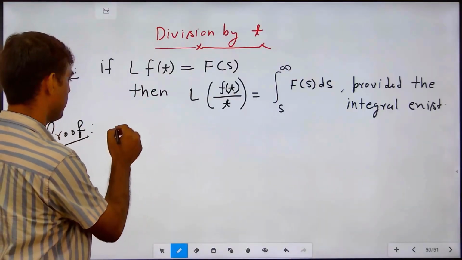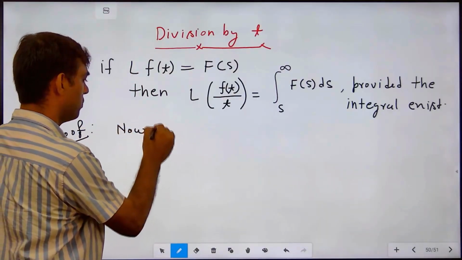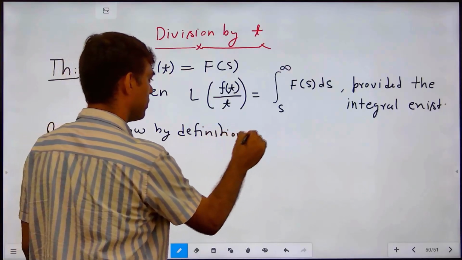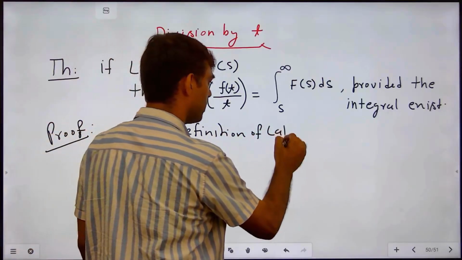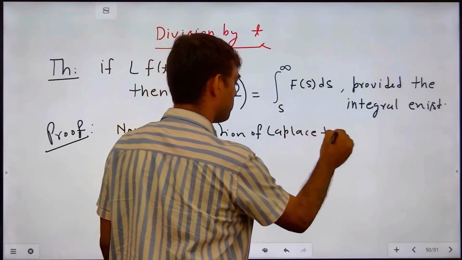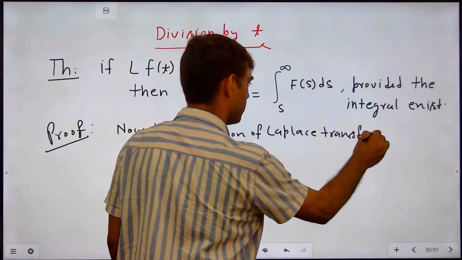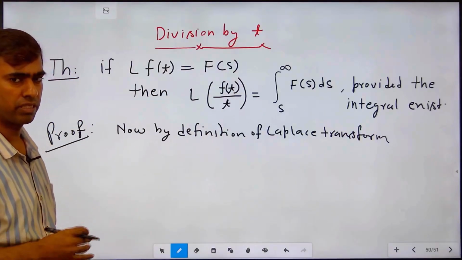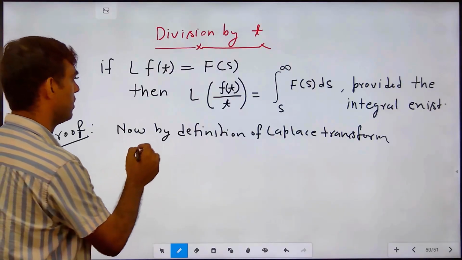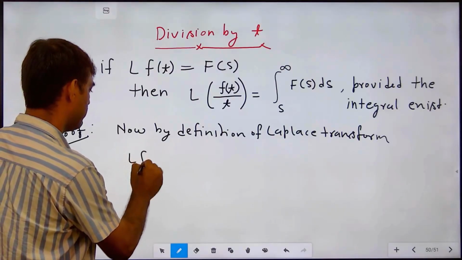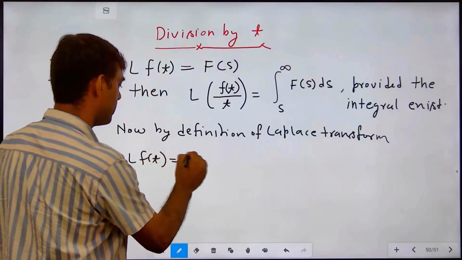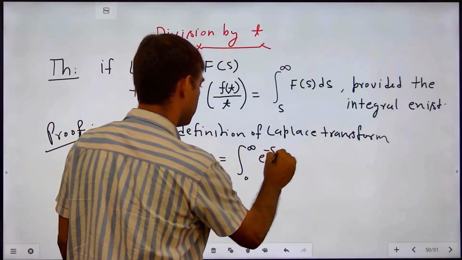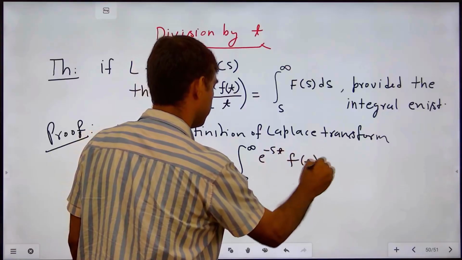Now, by the definition of a Laplace transform, here we assume that f(t) is a class A function, meaning there exists a Laplace transform. So, the Laplace transform of f(t) equals F(s), which equals the integral from 0 to infinity of e to the power minus st f(t) dt.